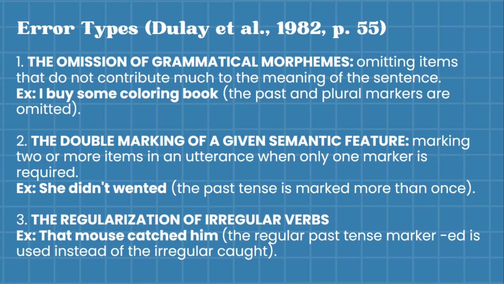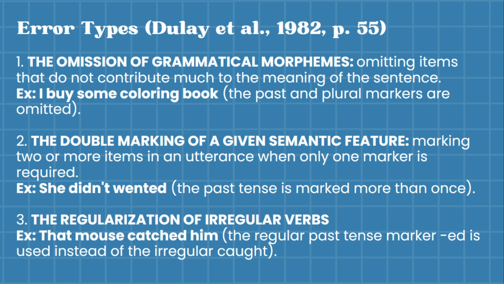Next, there are the types of error that learners often make when they learn a new language. First, there is the omission of grammatical morphemes, as in the sentence, "I buy some coloring book." As you can see, the past and the plural markers are omitted. And then the second type is the double marking of a given semantic feature, as in the sentence, "she didn't wanted it."